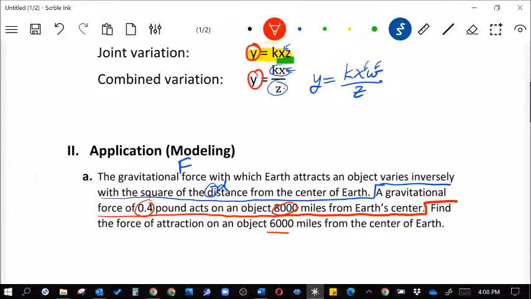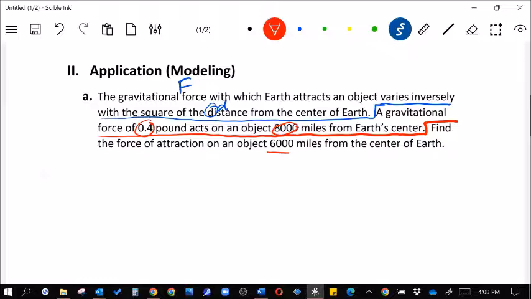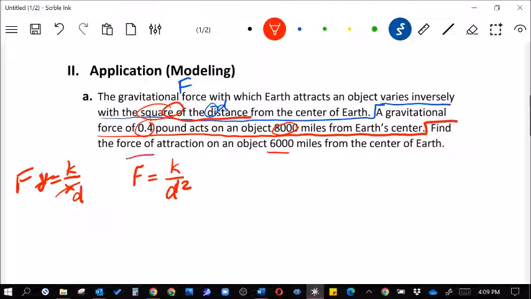All right, so that means that for an inverse, we're going to have the function equals K over D. That's because Y equals K over X. And since that's going to be D and that's going to be F, we're going to write it with D and F. However, it's the square of the distance, so we have to put D squared.